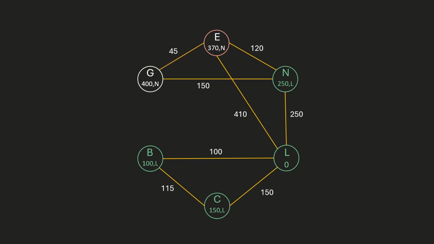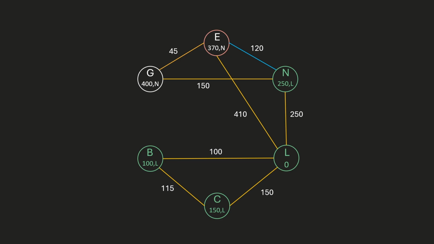So Edinburgh is the current node. It has 3 neighbouring nodes. We won't bother exploring London since I already explained it's already the optimal path. To go to Newcastle from Edinburgh would be 370, which is a total cost of Edinburgh, plus 120, which is 490.